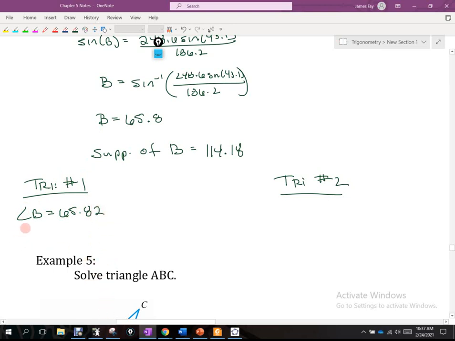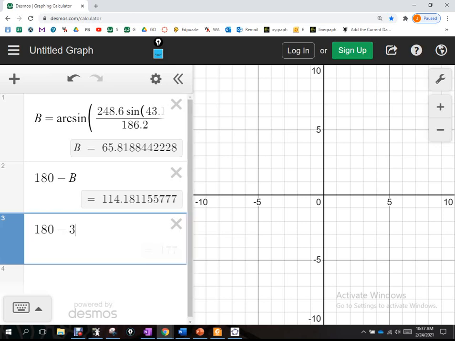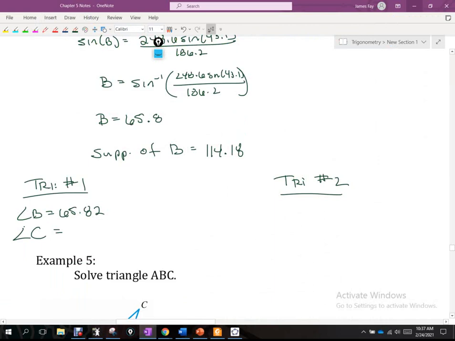We know angle A was already given as 43.1, but now angle C would be 180 minus 43.1 minus B. So the remaining angle would be 71.08.